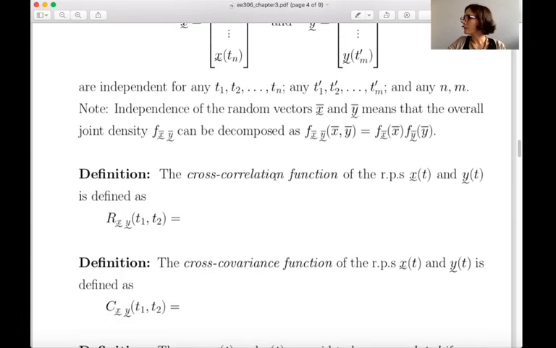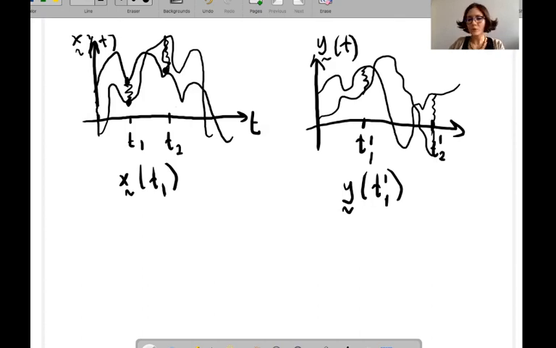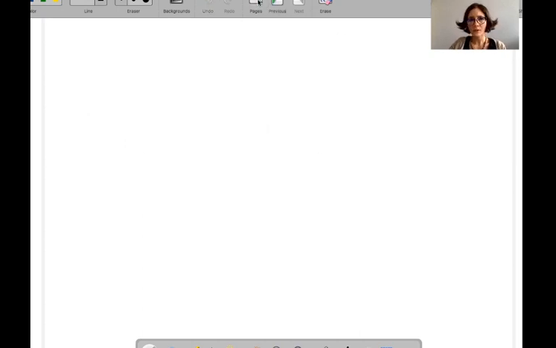Okay, if we continue with the next definition, the cross-correlation function of the random processes x and y. Remember what the autocorrelation function was for a single random process x of t. The autocorrelation function was defined as follows: Rx of t1 and t2.